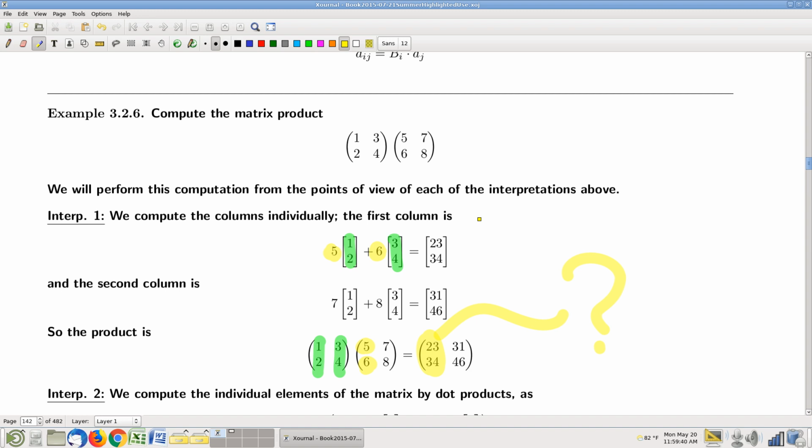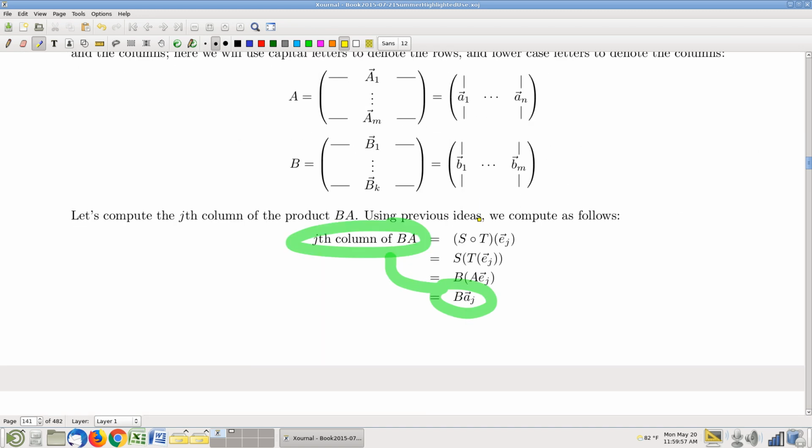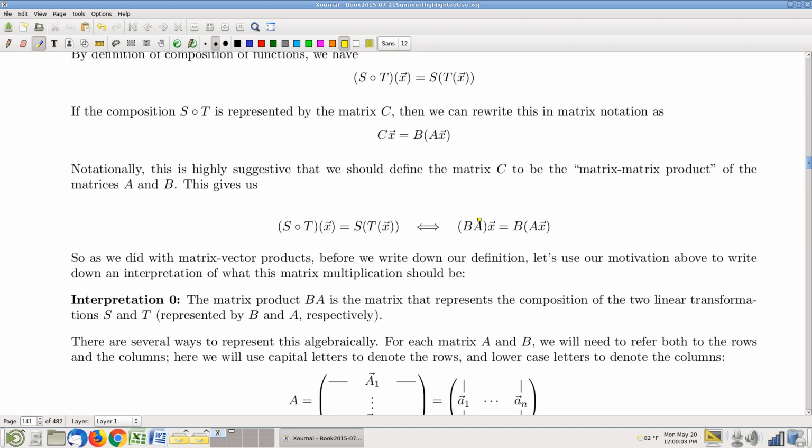Everybody on board? Now, here's what I think is really important about this. This wacky little formula, we didn't really have any choice. We had to make this choice because this algebra says I have to, and this algebra relied on the motivation that I really want that to be that. So unless you want to deal with some insanely inconvenient, semi-useless algebra, you kind of have to do this.